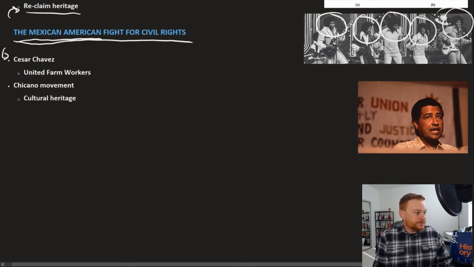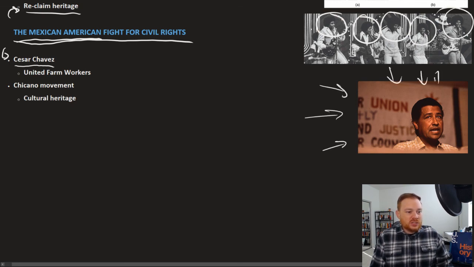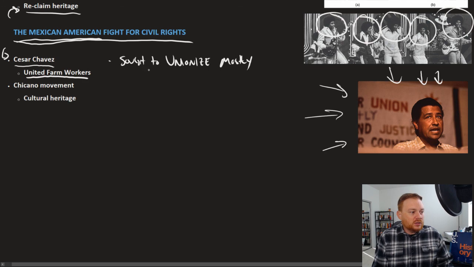Cesar Chavez, probably the most notable activist for the Mexican American movement, specifically sought to improve the conditions for farm workers or agricultural workers. He sought to unionize mostly, or predominantly, Mexican American agriculture.